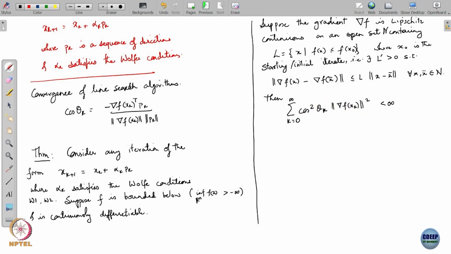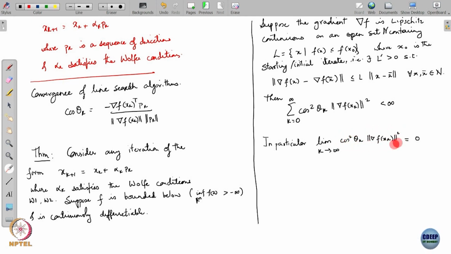So, in particular, the limit as k tends to infinity of cos squared theta_k times the norm squared of the gradient is equal to 0.